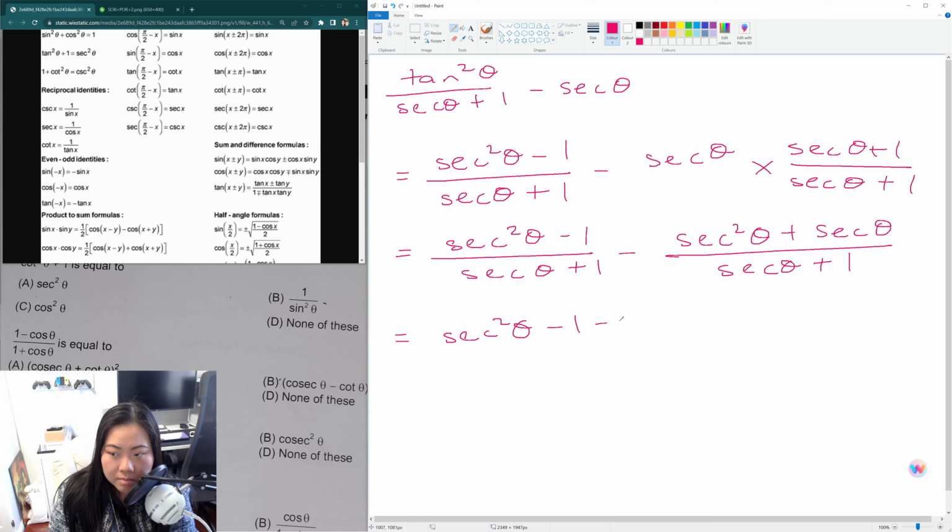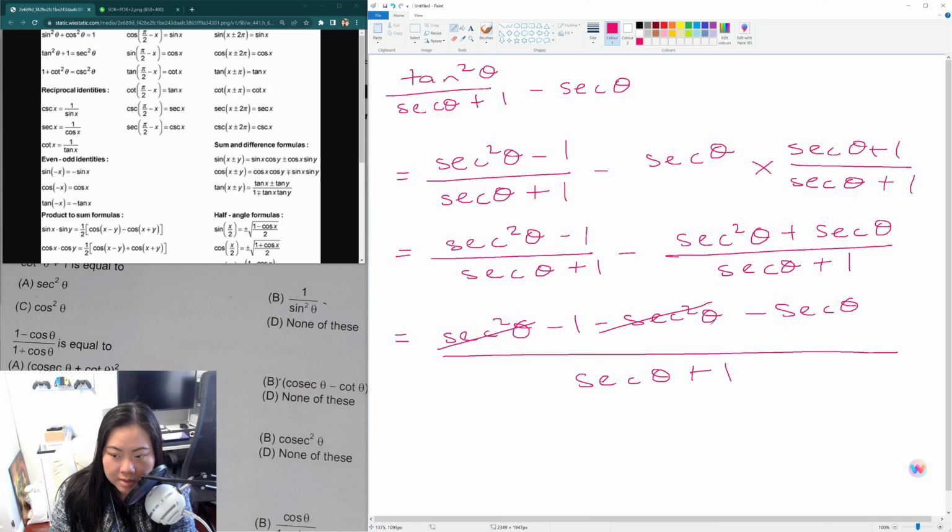Minus 1 minus sec squared theta minus sec theta all over sec theta plus 1. Now positive sec squared theta and a negative sec squared theta cancel out. What we do have is minus sec theta minus 1 all over sec theta plus 1.